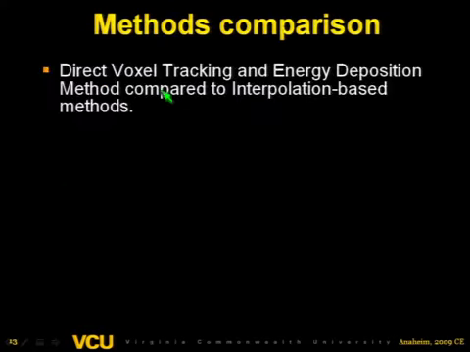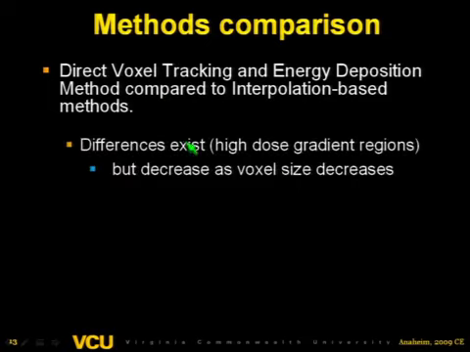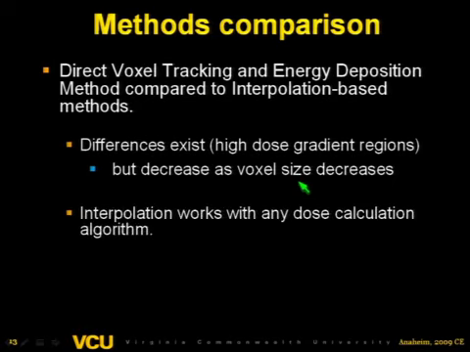The direct voxel tracking method and the energy deposition method have been compared to the interpolation-based approaches, and nonetheless, differences exist, and they usually occur in high-dose gradient regions. But it is true across the board that the magnitude of these differences will decrease as the voxel size decreases.